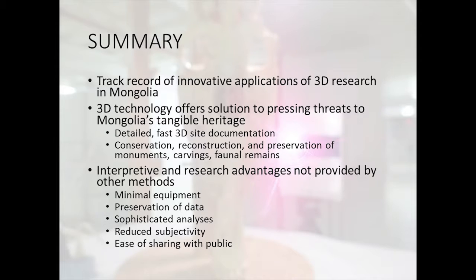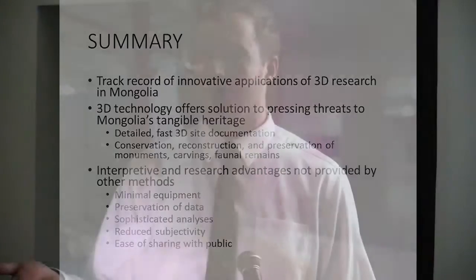And so I think that we have the opportunity to build on Mongolia's track record of being at the forefront of 3D scanning for conservation, and to really use that to address some of the key challenges which are admittedly getting to be quite pressing in some areas of the archaeological record. And we have the added advantage of this being a lot easier and in fact cheaper, or at least not appreciably more expensive than the techniques that are already being practiced, which it's hard to overstate how important that is.